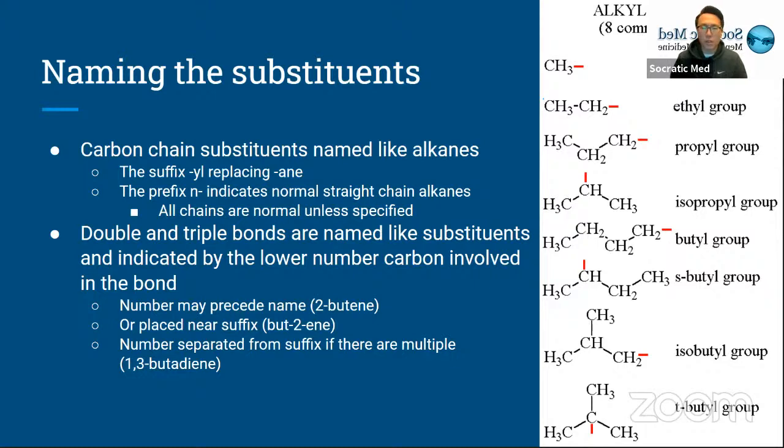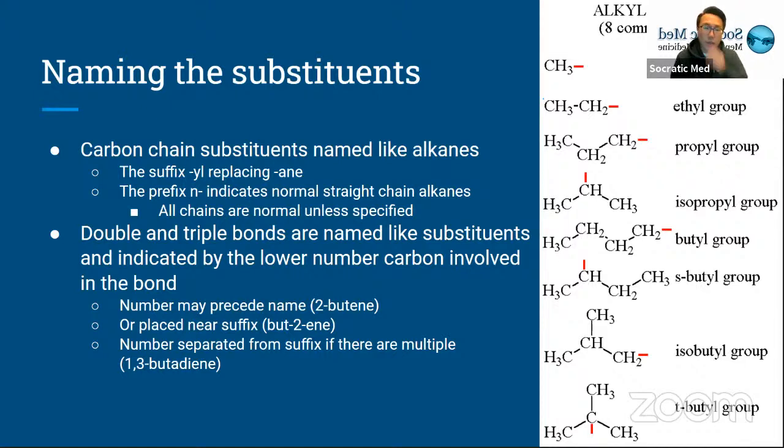So if the carbon chain doesn't say n in front of it, you can just assume it's a normal straight chain. On the right, I just have a list of some of the more common alkanes used as substituents. Usually they use methyl, ethyl, propyl, sometimes isopropyl and butyl, and then tert-butyl sometimes too on the bottom.